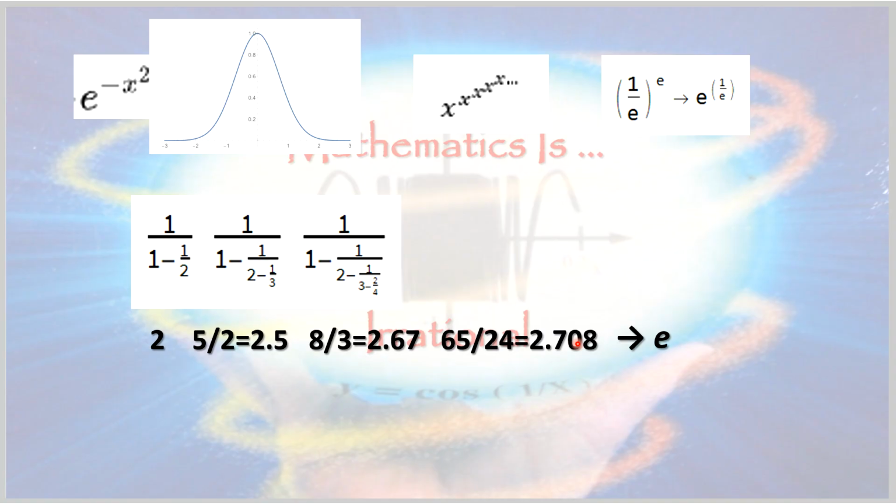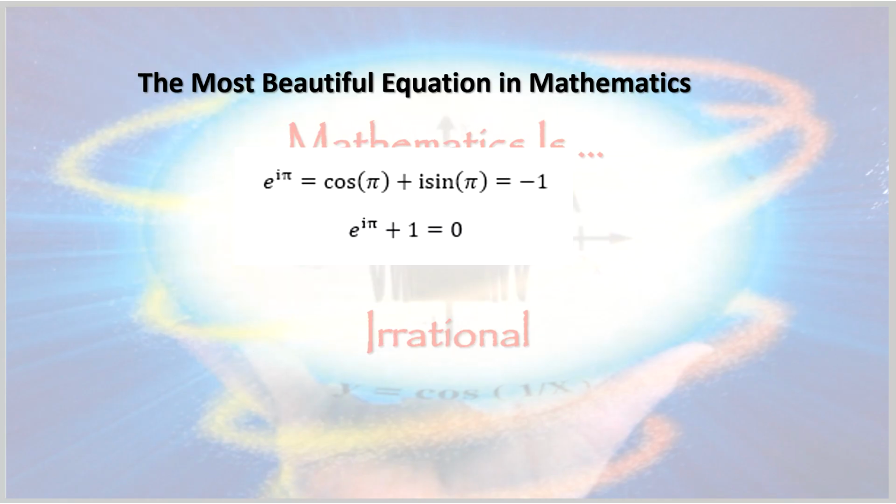However, e is also part of a simple equation that has been called the most beautiful equation in mathematics. To start, notice that with x equals pi, the equation e to the ix equals cosine x plus i sine x becomes e to the i pi equals cosine pi plus i sine pi.